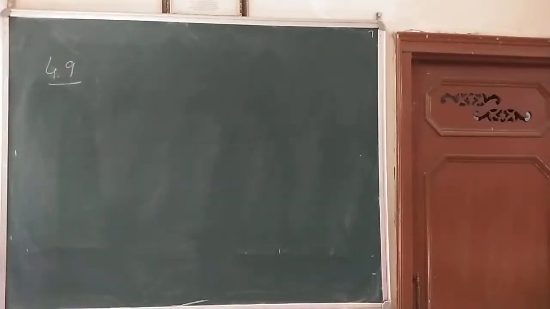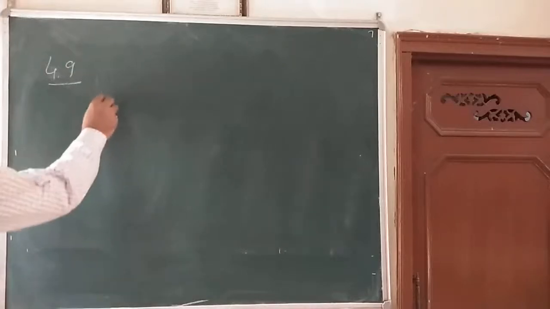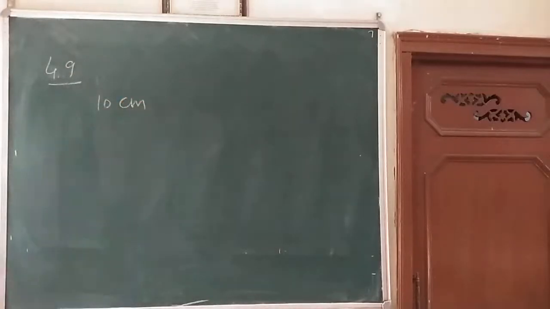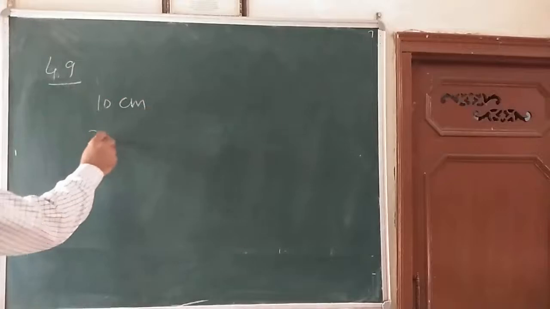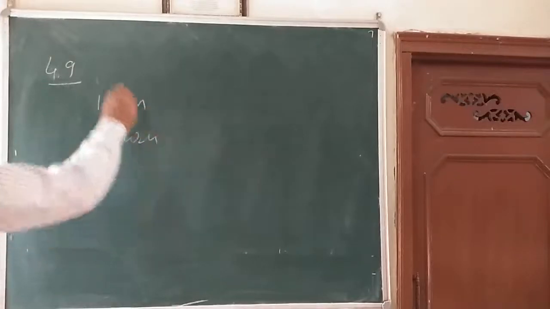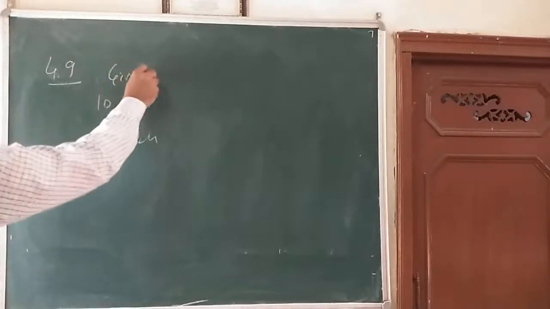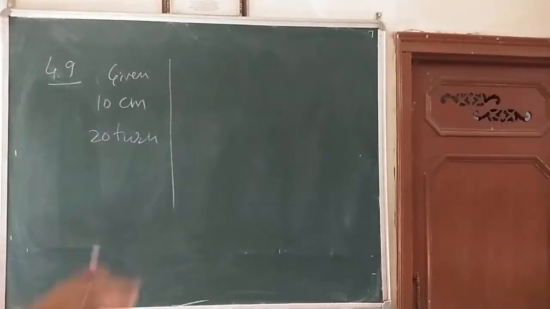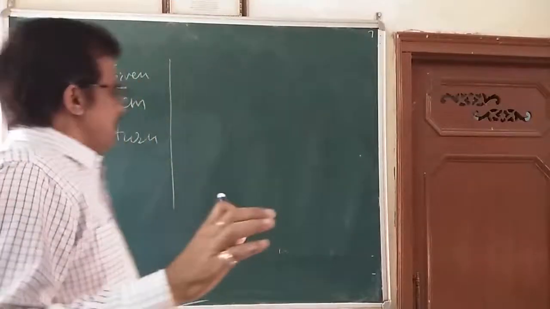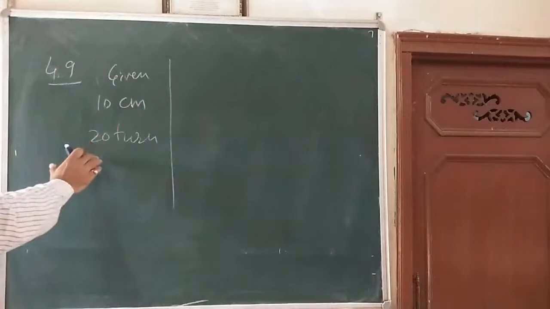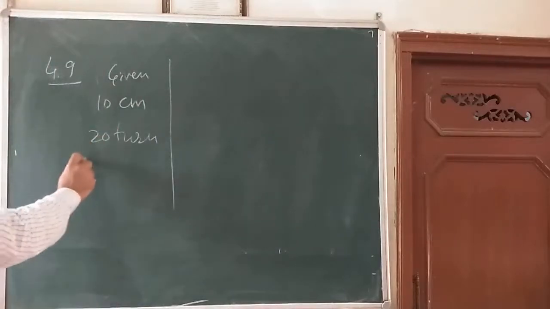A square coil of side 10 centimeter, side given, children, 10 centimeter. It consists of 20 turns. Always write first what is given on the left hand side of your copy. Is it clear? 20 turns is there and it carries a current of 12 ampere.